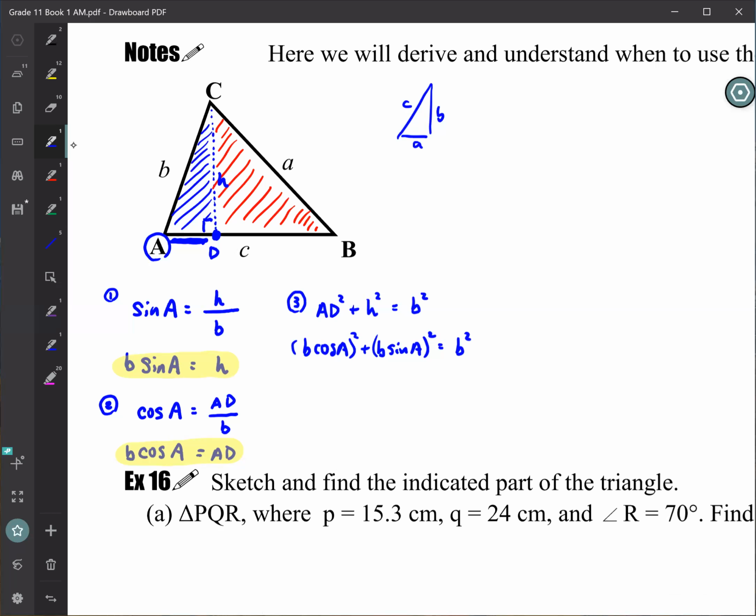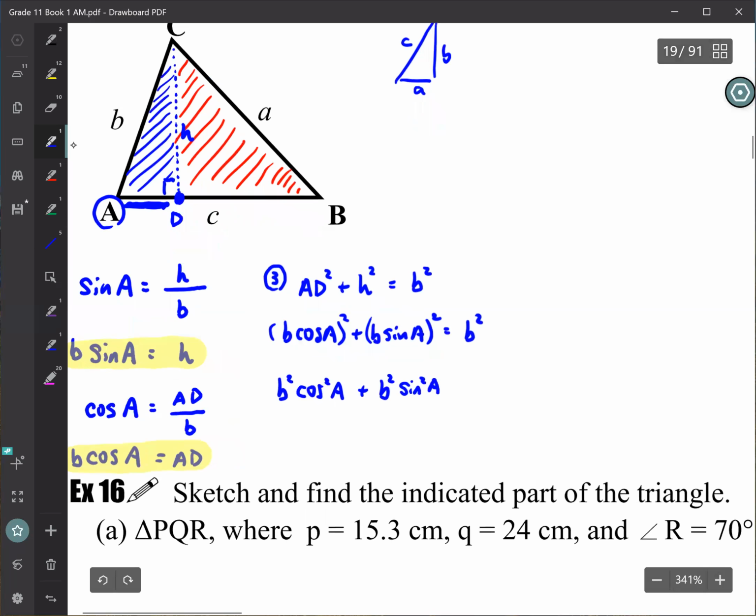We square each of them, right? So it will be B squared cosine squared A, B squared sine squared A. Okay, when you put a square beside the sine, it means sine A squared, the whole thing squared. Okay, so I don't need the brackets.